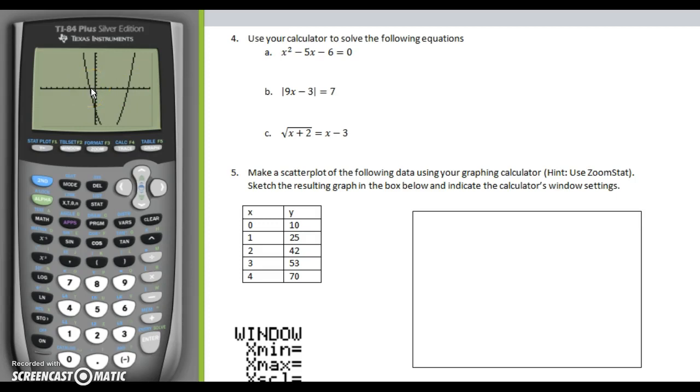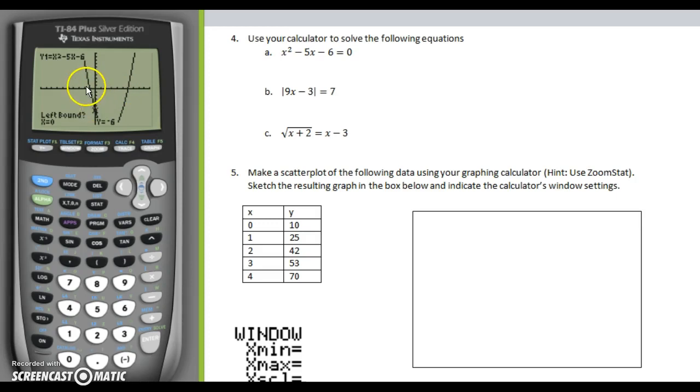So to find those points, we do second calculate, which is your trace button. So second trace, and then it's the second one down called 0. So we hit enter on that. Now it's asking us for a left bound. Now we can find these two x-intercepts one at a time. So let's say I want to start with the one on the left.